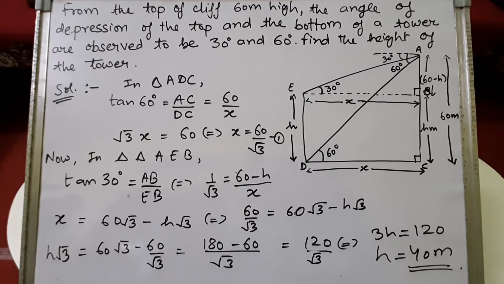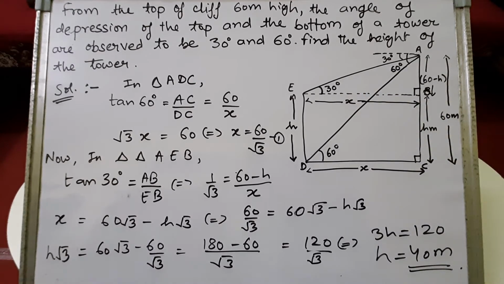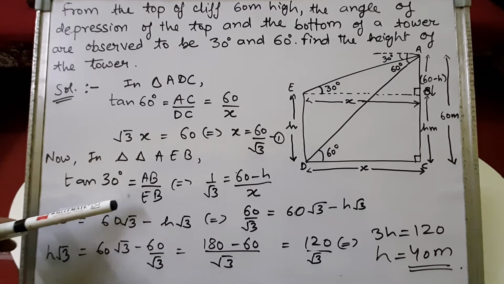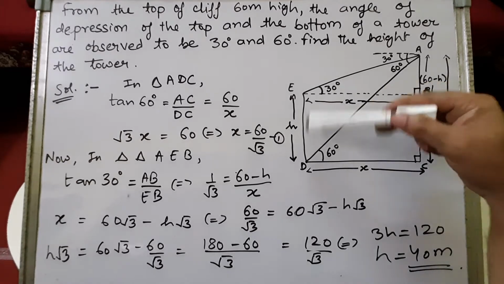Now in triangle AEB, this angle is 30 degrees. So when we write tan 30 degrees, tan again relates perpendicular and base. So tan 30 degrees will be AB upon EB, right? And the length of AB will be, see, this whole length is 60 and this much, ED, is h.